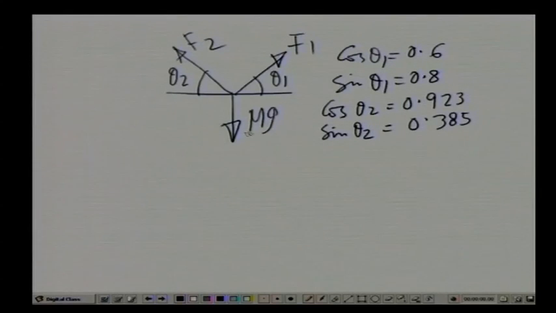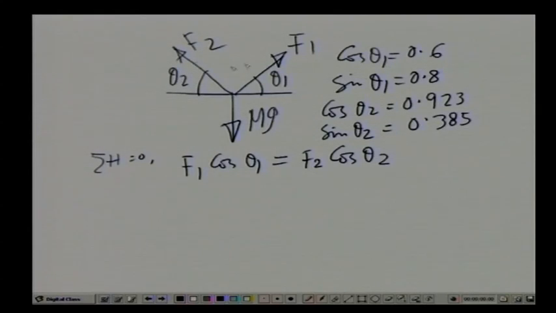Now, if we take the summation of horizontal forces as 0, that gives us F1 cos theta 1 equals F2 cos theta 2. It has been indicated that the maximum tensile stress that the wires can withstand is 100 MPa, and the cross sectional areas of these two wires are given. Thereby, if we compute, F1 will be area times stress, which equals 40 kilonewton, and F2 equals 20 kilonewton.